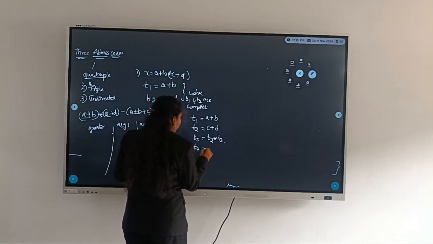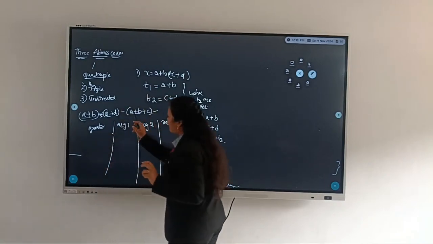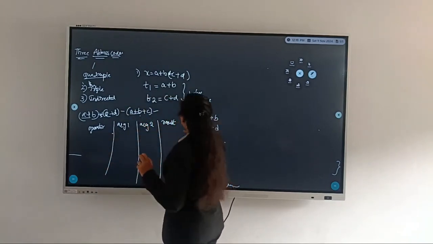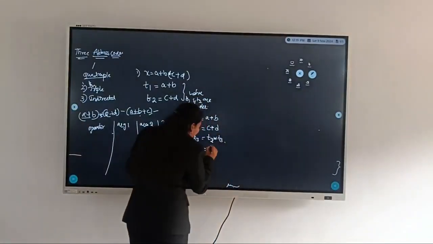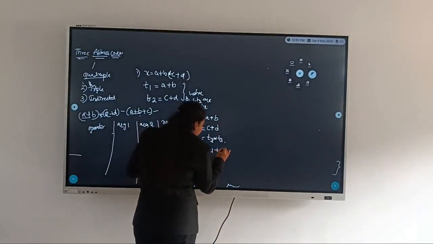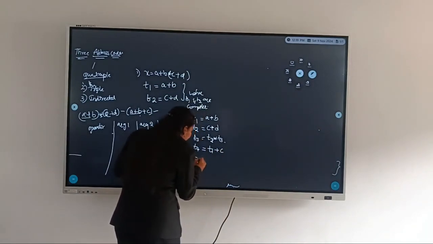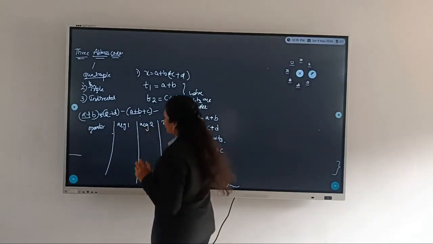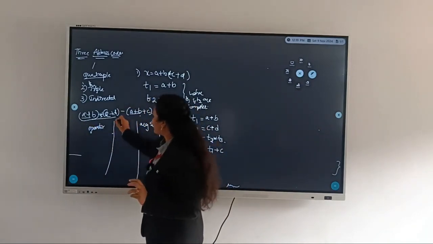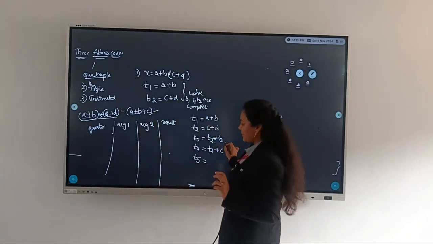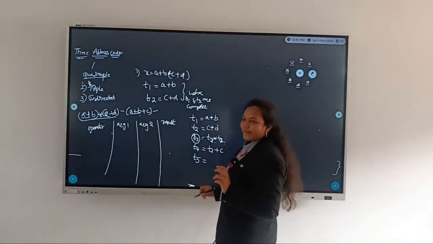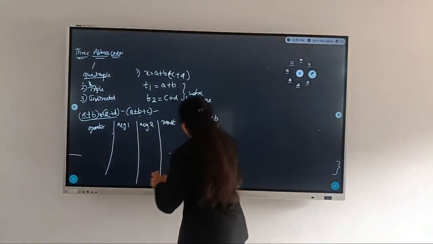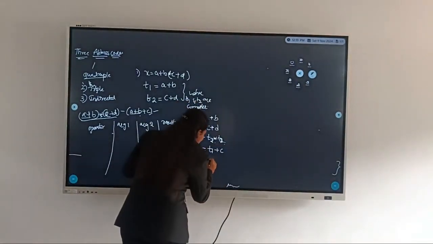Coming to T4, as I said, A plus B is also here, that's why we take A plus B in T1, so we write it as T1 plus C. Then coming to T5, the whole operation is T3 minus T4.